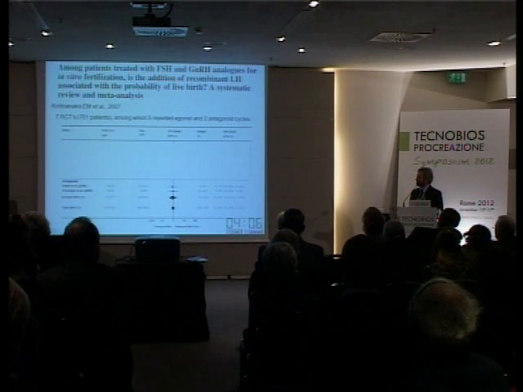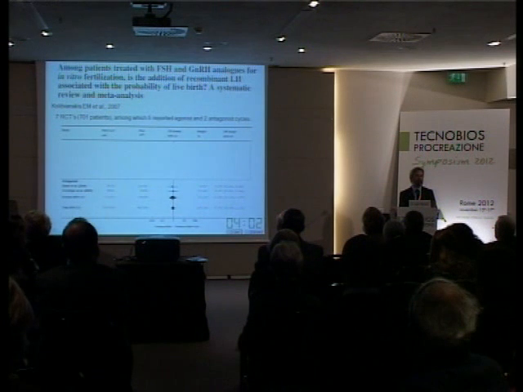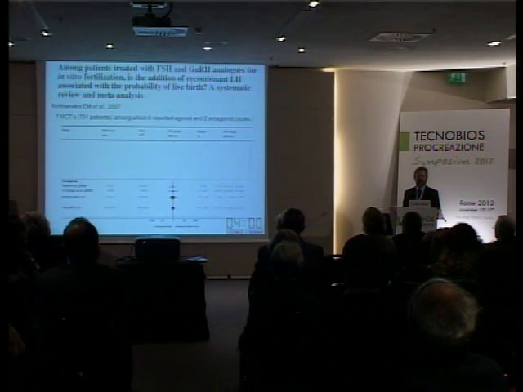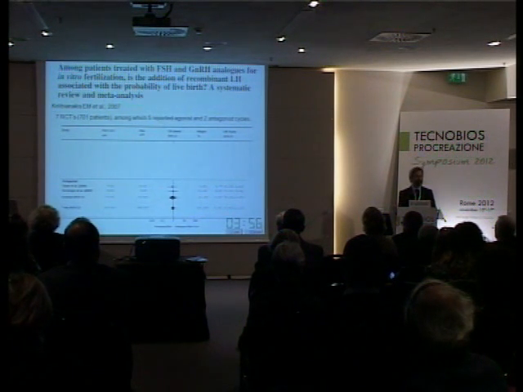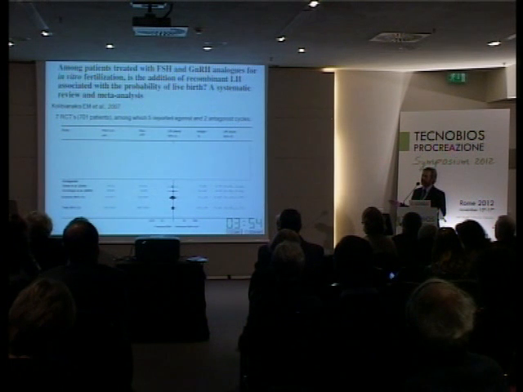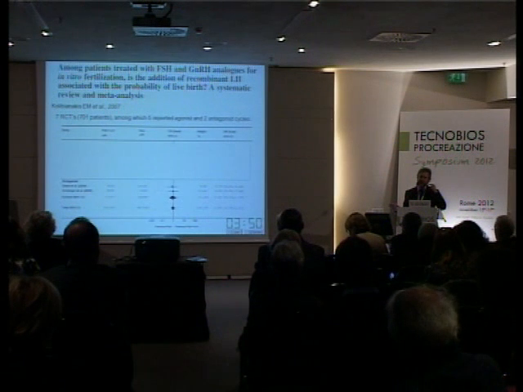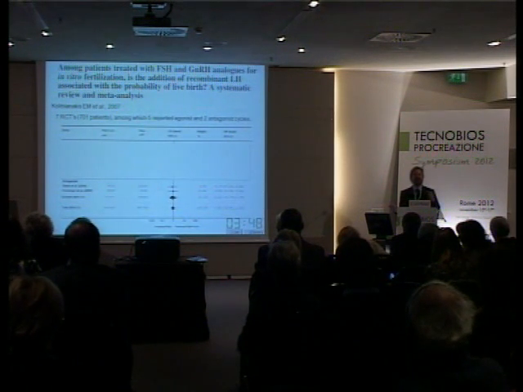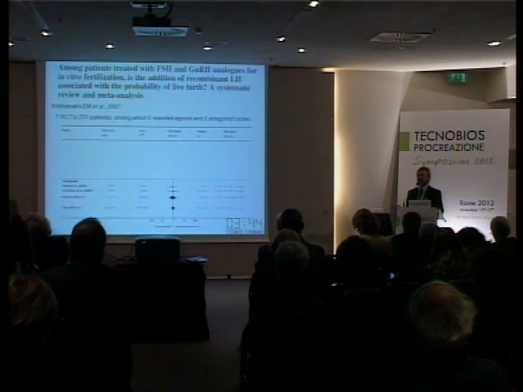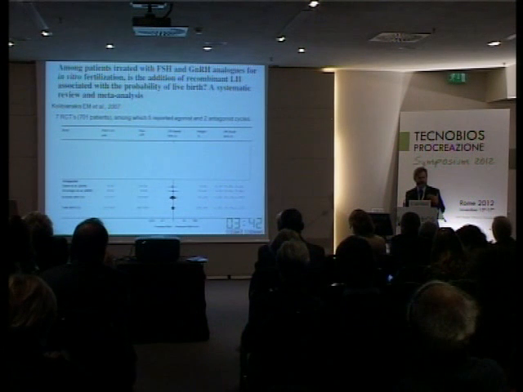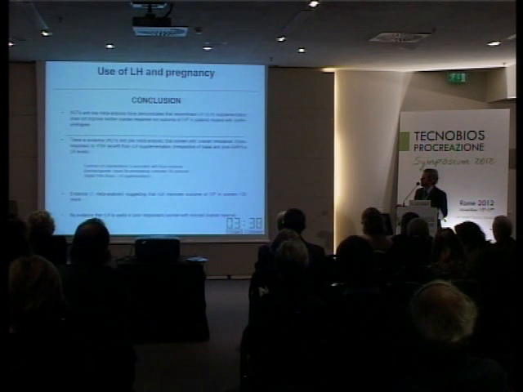We only have one experience in this, and the end point was the number of mature eggs, and what we can say is that with 150 international units, the situation totally changes. So if we consider that meta-analyses are crucial for understanding the future lines of research, I invite everyone to consider the possibility of repeating studies with antagonists and LH, considering higher doses of recombinant LH.